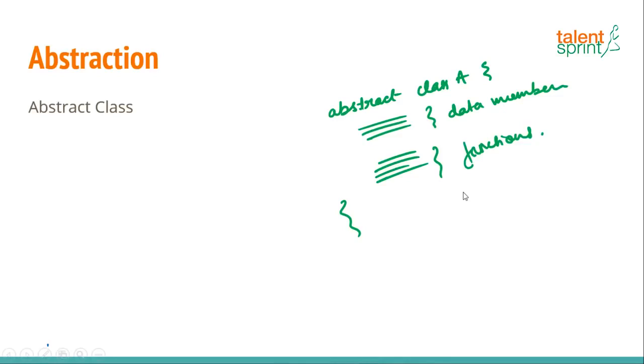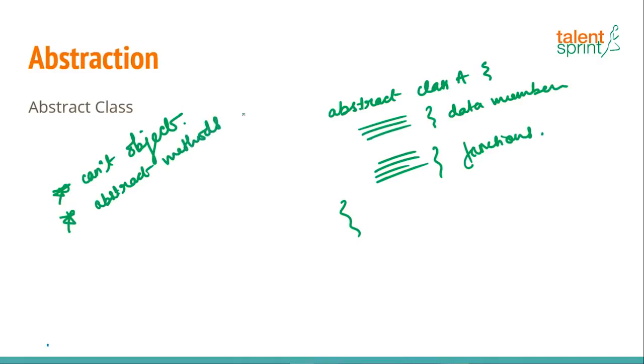So what do you mean by abstract class is, number one, you cannot create an object of an abstract class, right? There can be one or more than one abstract methods inside an abstract class.